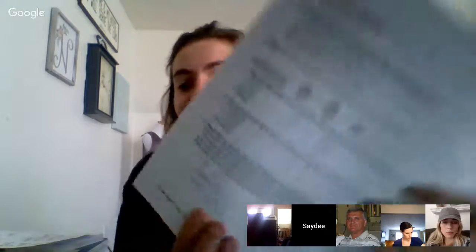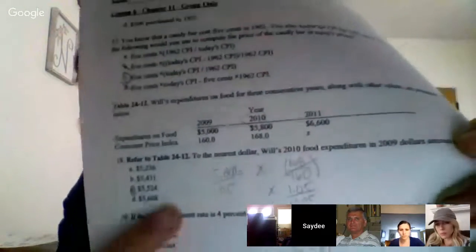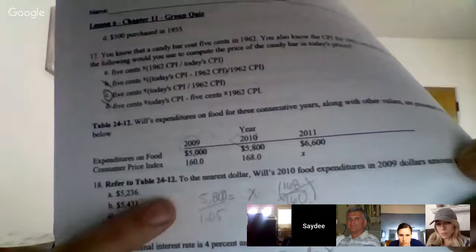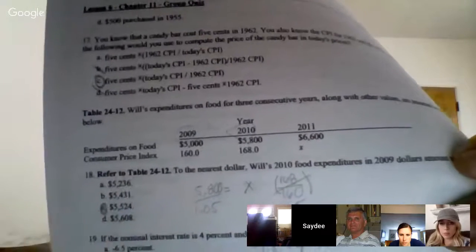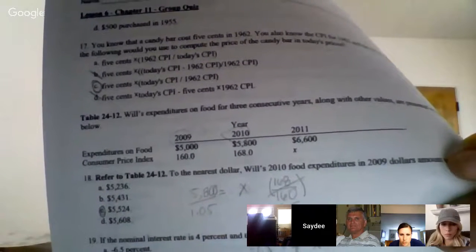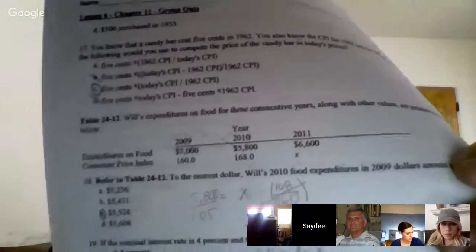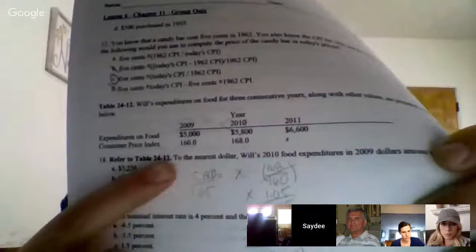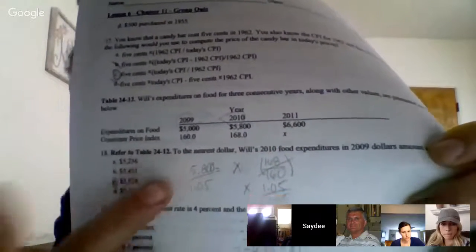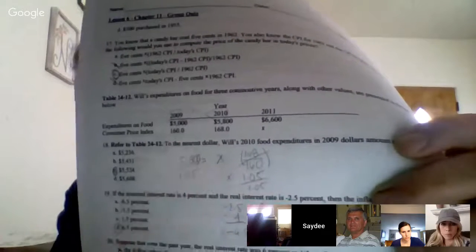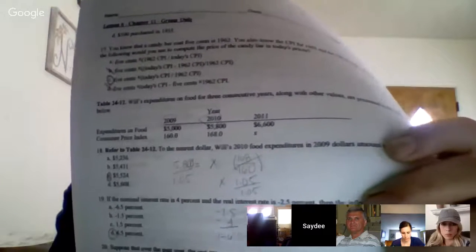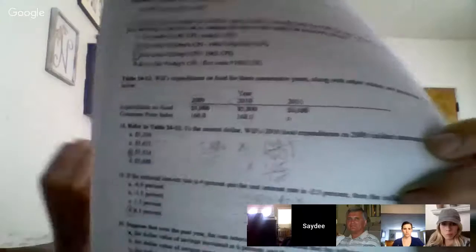This is how I set up my problem, but I don't know if I did it right. I was turning X into today's money. So I put the amount in today's money as 5,800, and then the amount in year X is what we were trying to solve for. And then I used the CPI price levels.